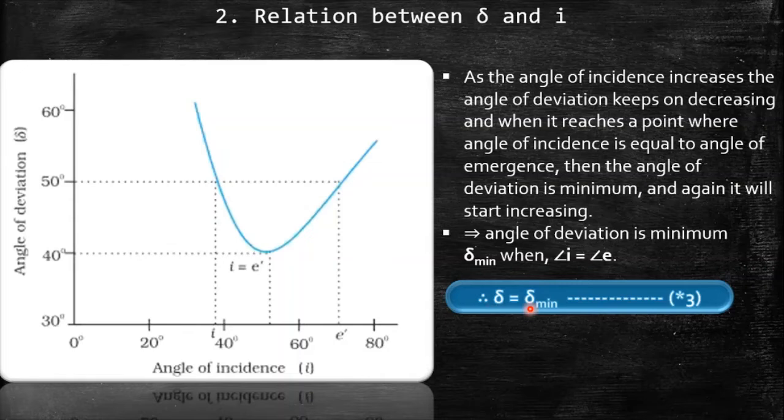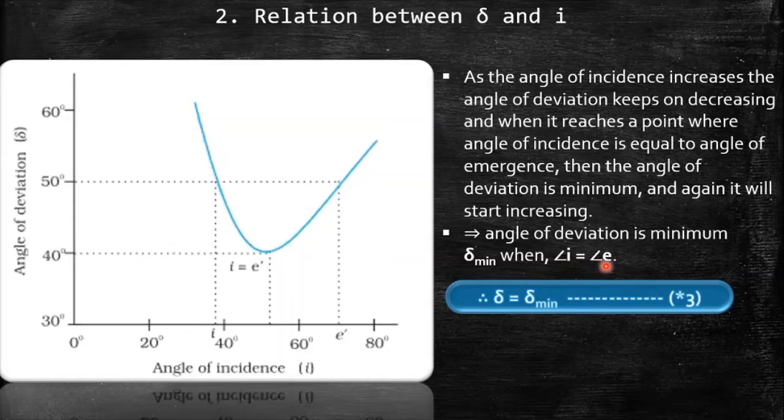What do you think is the significance of this? Well, obviously at this angle of incidence alone, my light is going to be deviated the least, right? Well, obviously because my angle of incidence is equal to the angle of emergence.